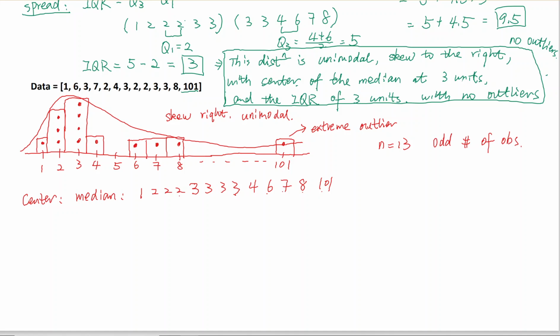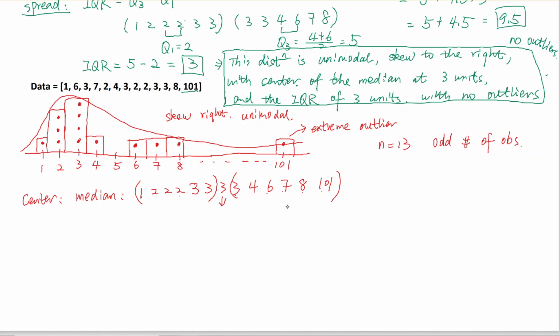So in this case, how can you find the median? We find the middle number, right? Since n equals 13, there are 6 of them here, another 6 here, with the middle another one.